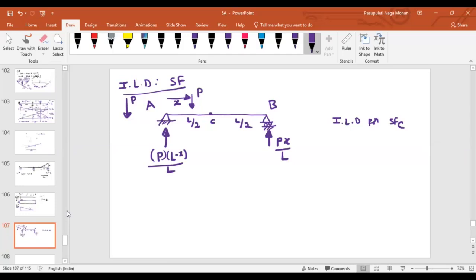Now, imagine in the first case that the load is at the left of C. That means in the first case, the load is in between A and C. Can you tell me what is the shear force at C?